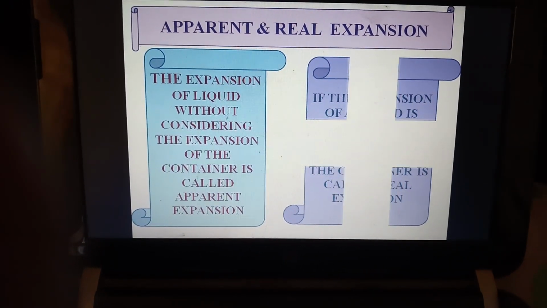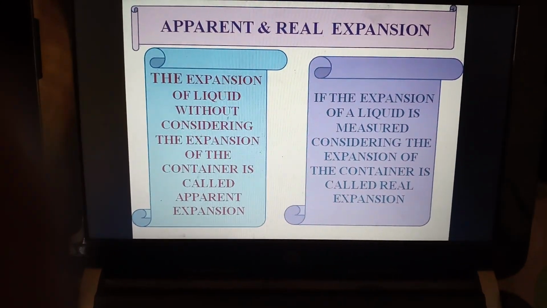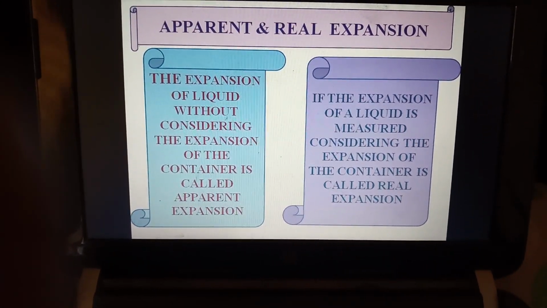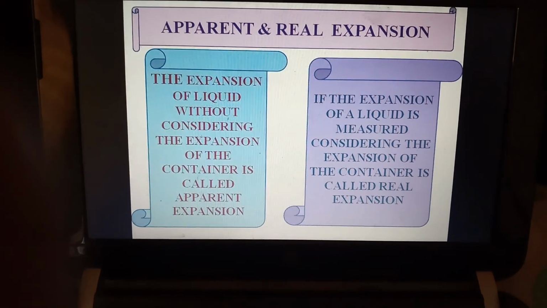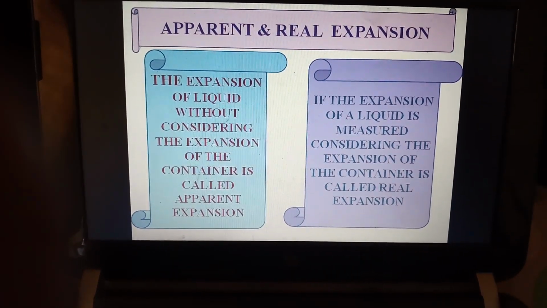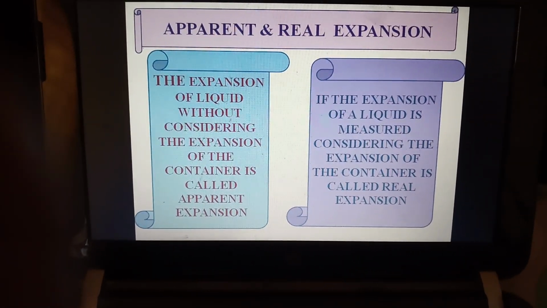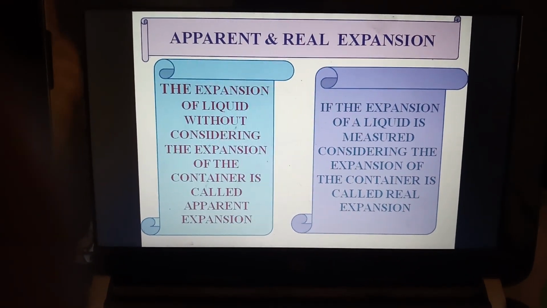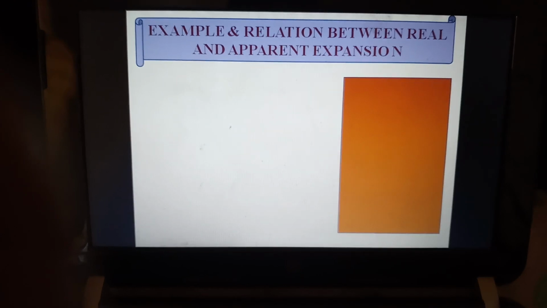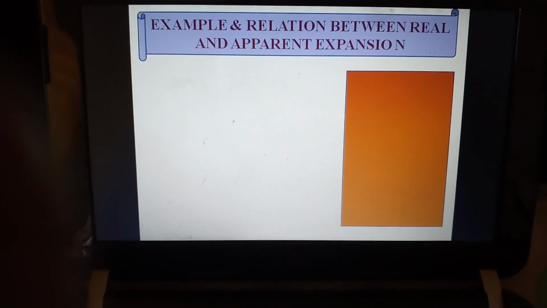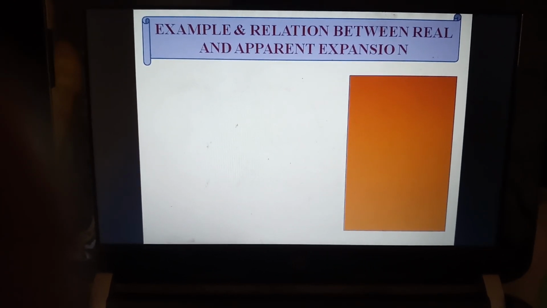And if the expansion of liquid is measured considering the expansion of the container, it is called real expansion. Now we will discuss an example and the relation between real and apparent expansion.